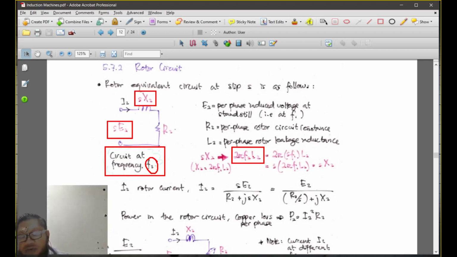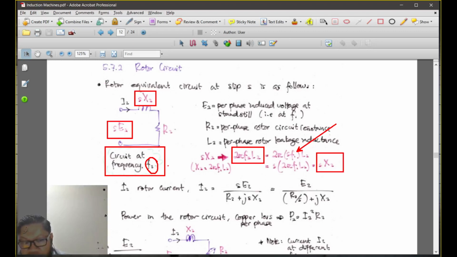In order to bring this to the primary side, you change that equation and replace F2 with F1, so it becomes 2 pi F1 L2, and therefore you have S 2 pi F1 L2. So the frequency now follows the stator frequency F1. We call that X2.